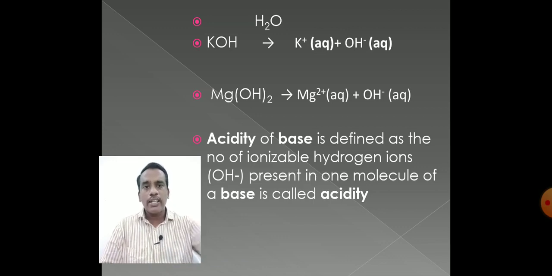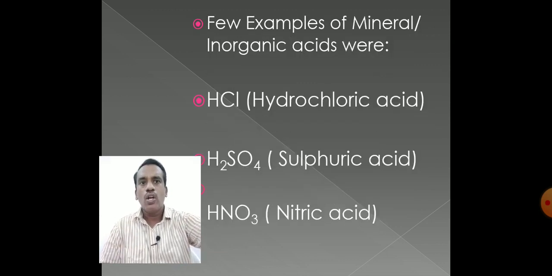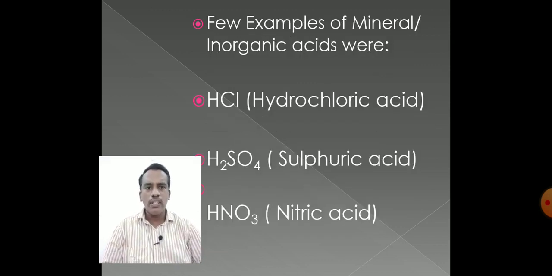Now let us come back to our acids topic that we had started. Among our acids, there are the mineral acids. They are strong acids, we mentioned. The mineral acids are the strong acids that give H plus ions. We had learnt about all these acids, so I had skipped the slide: HCl, H2SO4, HNO3.